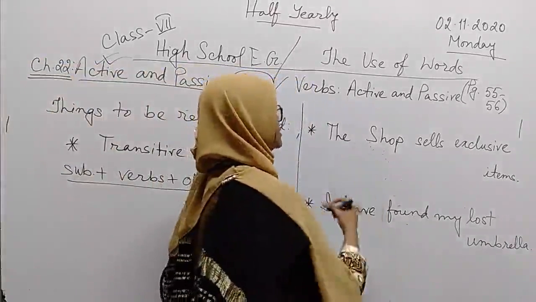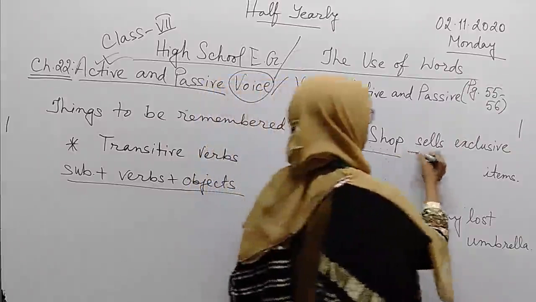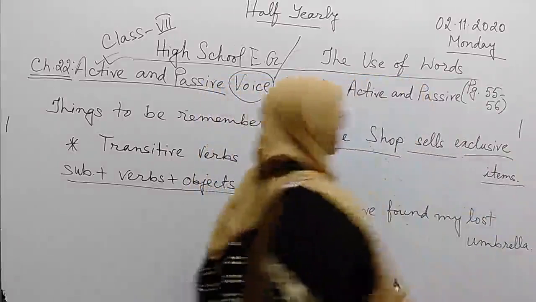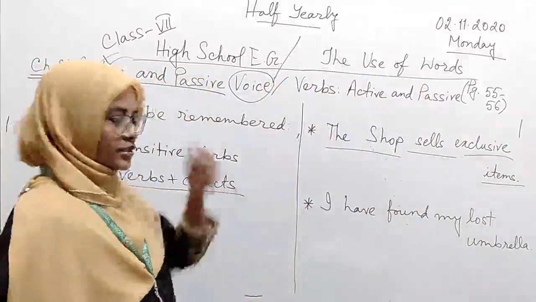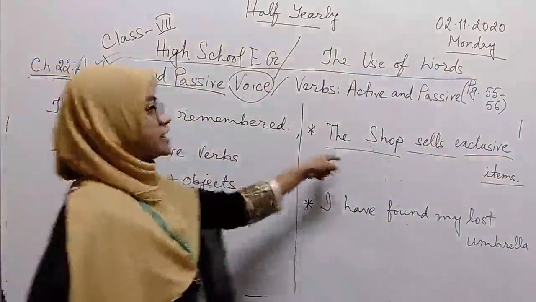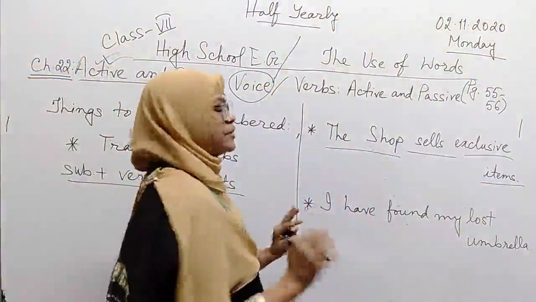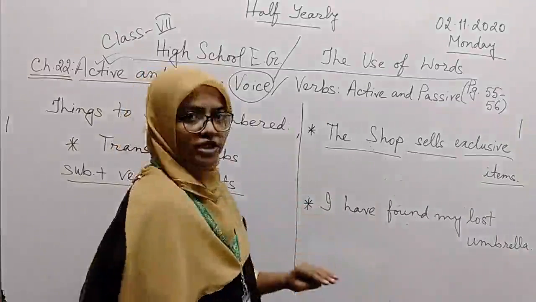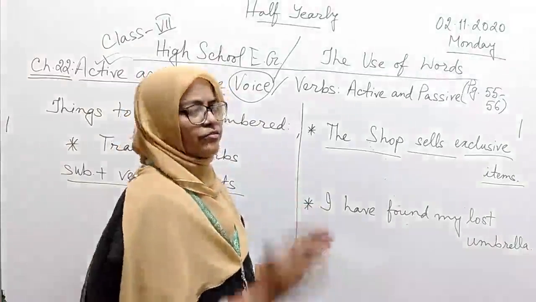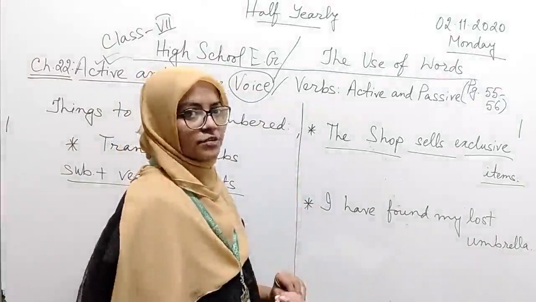The first sentence: the shop sells exclusive items. So this is the subject. Remember that we are not identifying subjects, verbs, and objects now. We finished that in the first monthly.